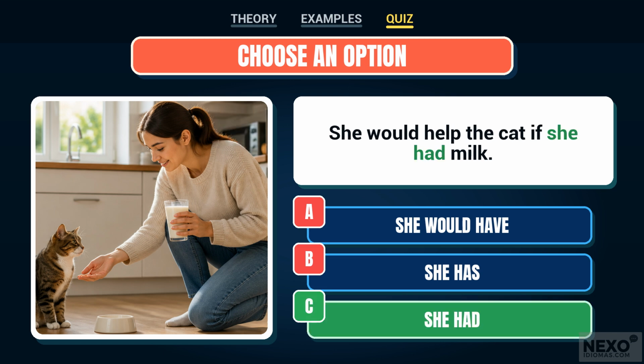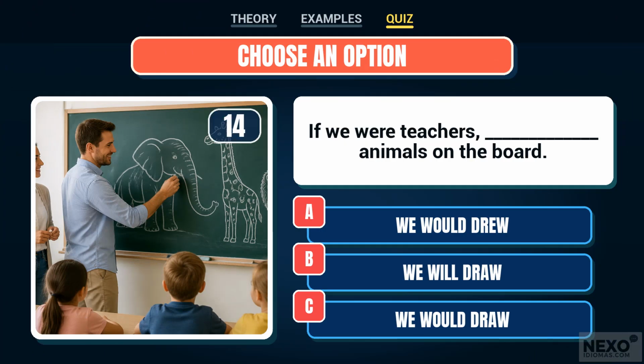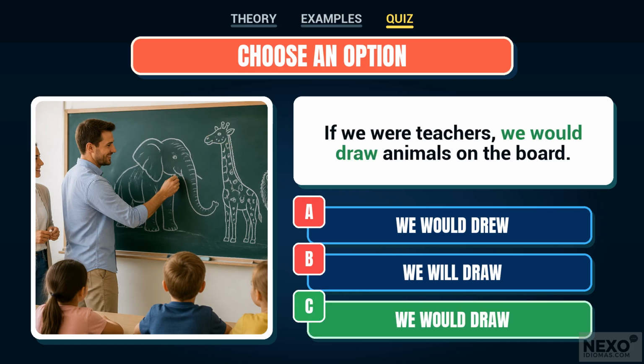She would help the cat if she had milk. If we were teachers, we would draw animals on the board.